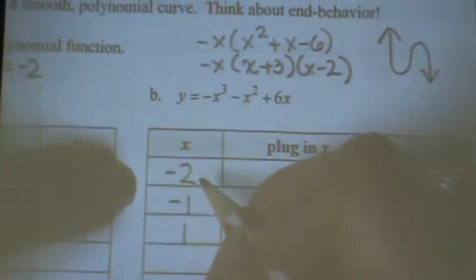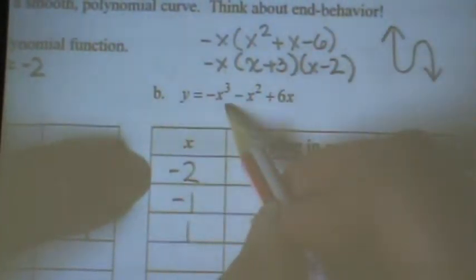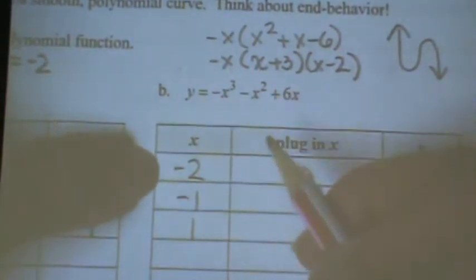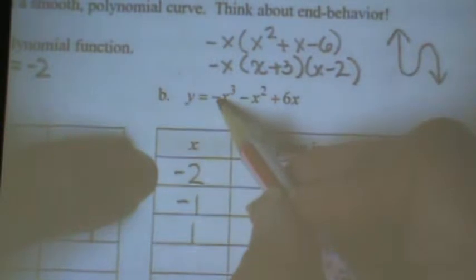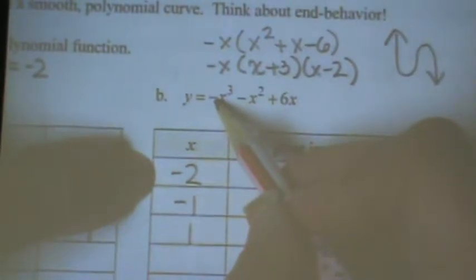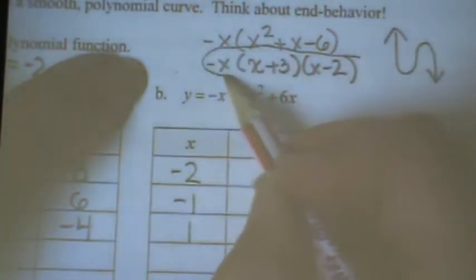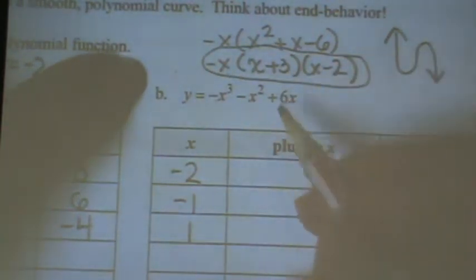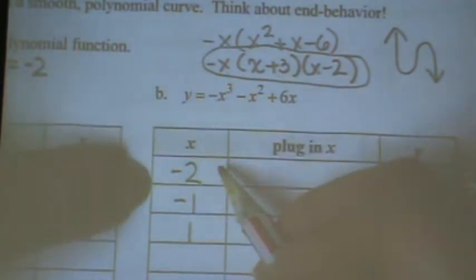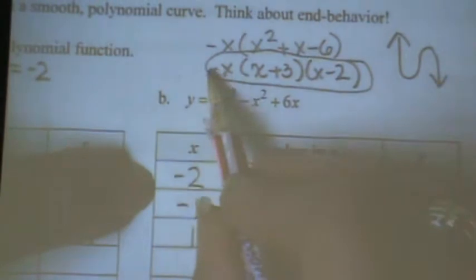Where am I going to plug -2 in? You have an option. If you prefer this equation, you may do so, but make sure you cube that number first and then multiply it by -1. Do the order correctly. I think this is the easiest place to plug them in. Does anyone else agree that that would be the easiest? So now plug -2 in here. What's a negative -2?